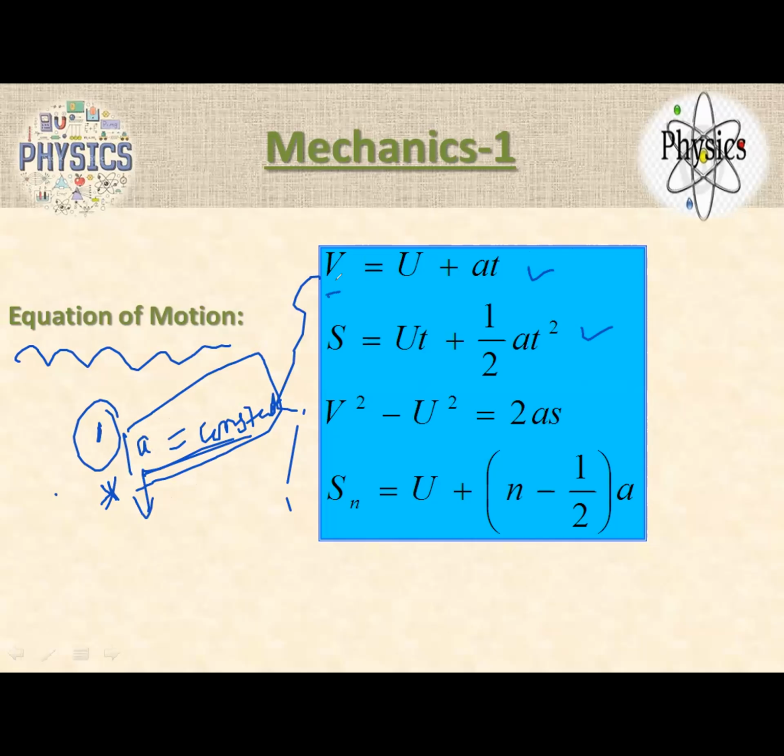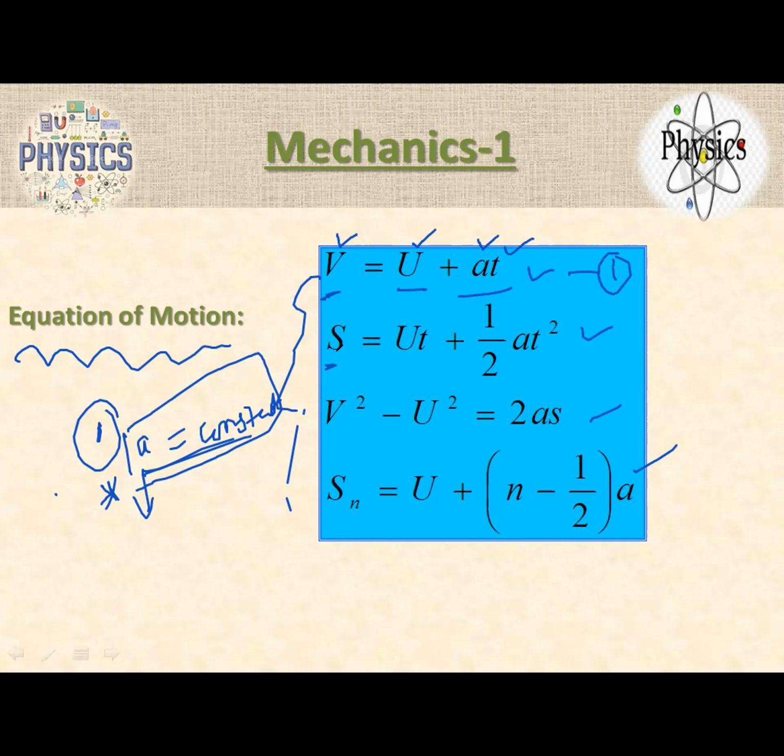V is equal to u plus at. If they give the initial velocity, final velocity, acceleration a, and time t, then you use this equation. This is the first equation.